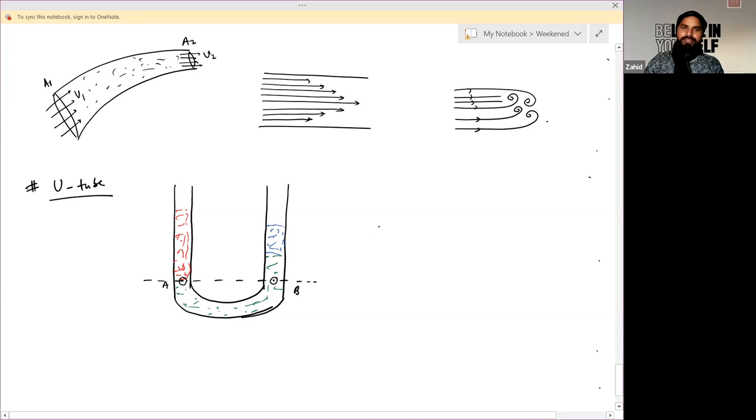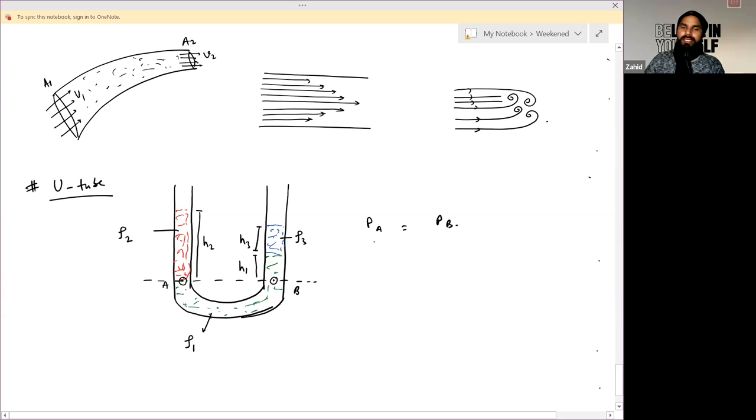So pressure at A equals pressure at B. This is liquid first having density ρ1, liquid second having density ρ2, and liquid third having density ρ3. Levels of these liquids will be H1, H2, and H3.